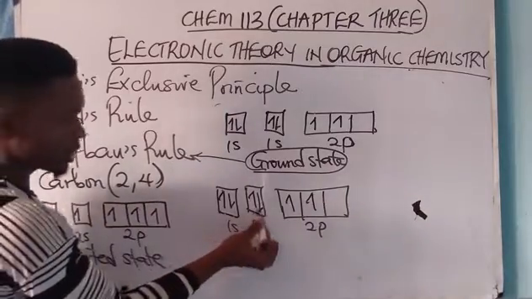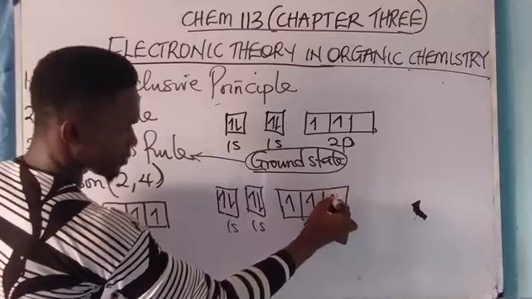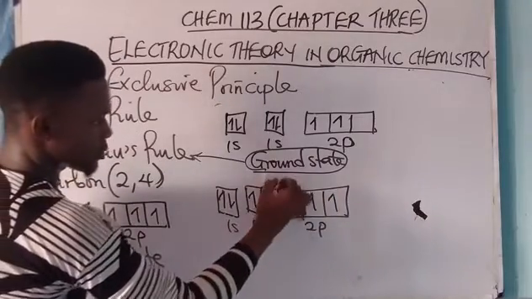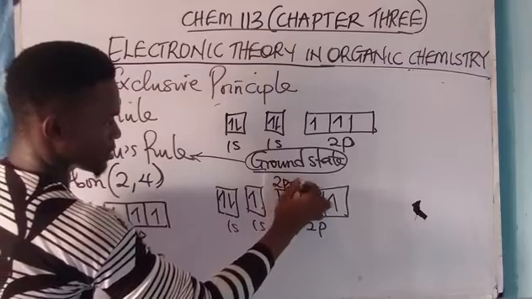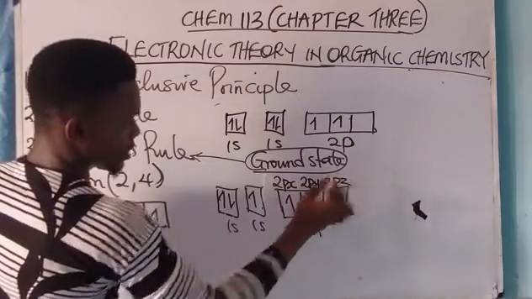Now we are taking one electron from this s. We'll put it here. We now have only one electron here. Now I can say this one is 2px, 2py, and 2pz.